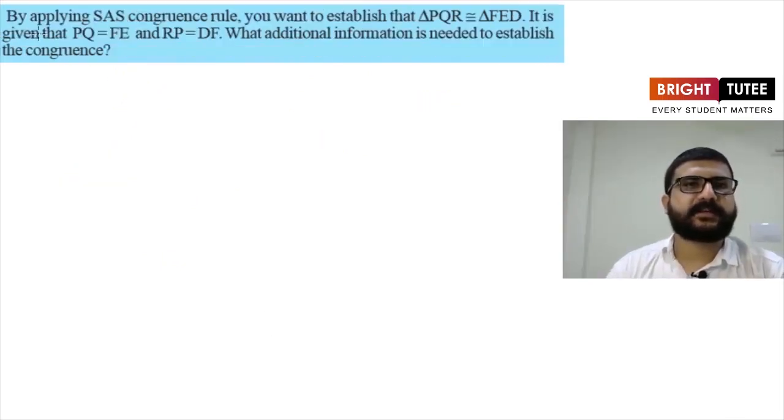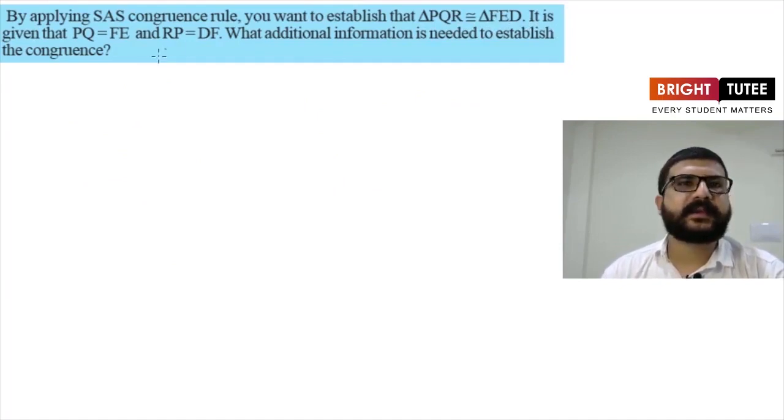Now here is the next question. By applying SAS congruence rule, you want to establish that triangle PQR is congruent to triangle FED. It is given that PQ is equal to FE and RP is equal to DF. Now what additional information is needed to establish the congruence relation?